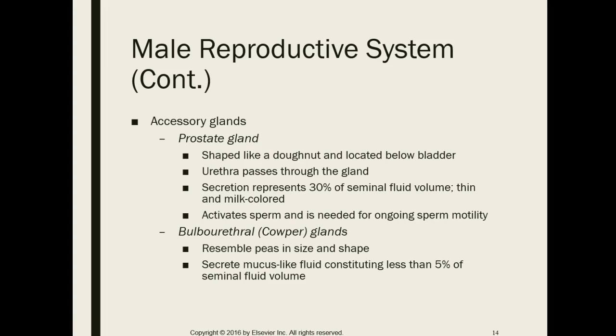Then the bulbourethral, or Cowper, gland provides a mucus-like fluid that makes up about 5% or a little less of the seminal fluid volume. This one's pretty important though, because it's going to neutralize the acidity of the urethra.